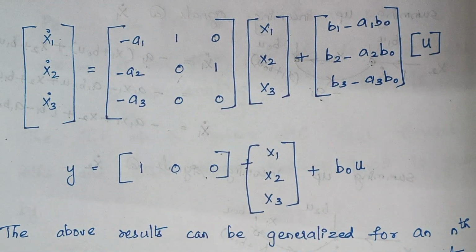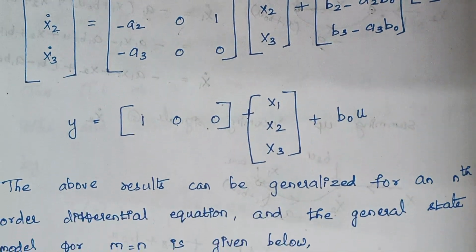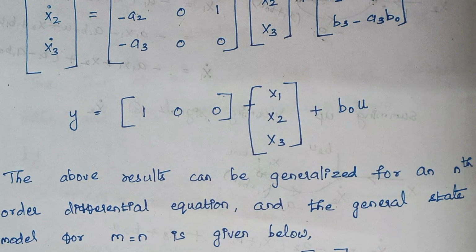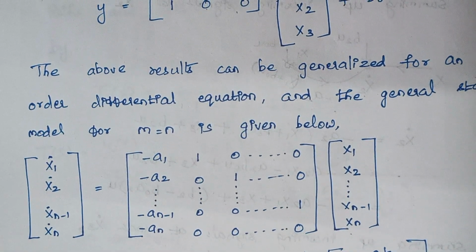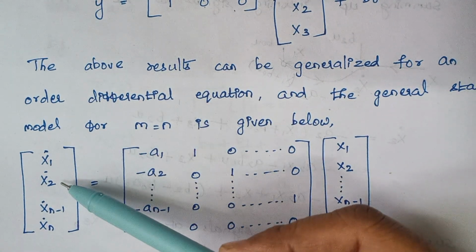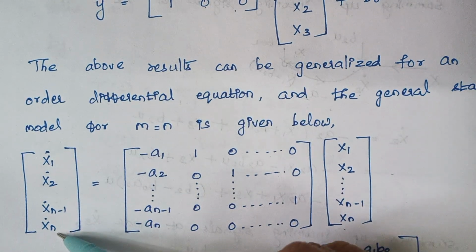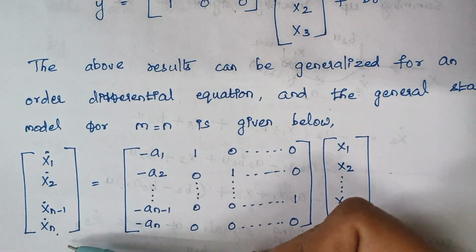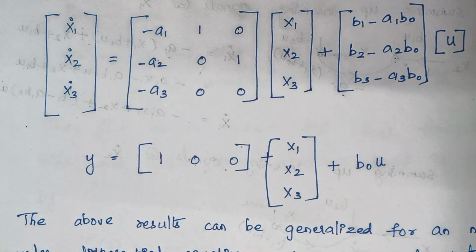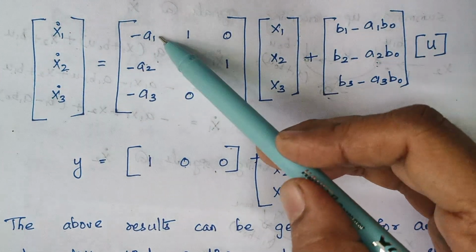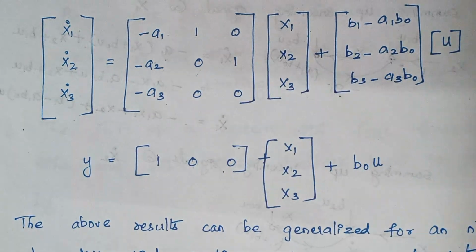So we can again rewrite the above matrix in the generalized format for an nth order differential equation. So here when we write for nth order differential equation, you see the expression will be like this: x1 dot, x2 dot, it extends up to xn dot, right? And here again when you write the expressions, you see here we are having a1, a2, a3, right?